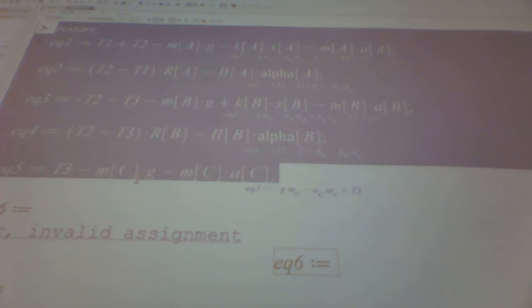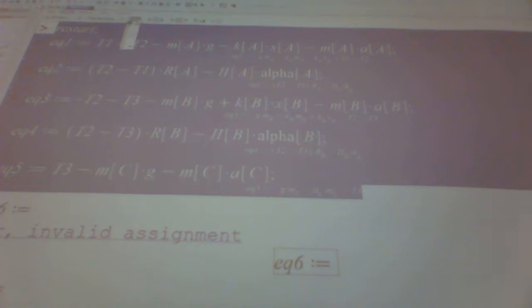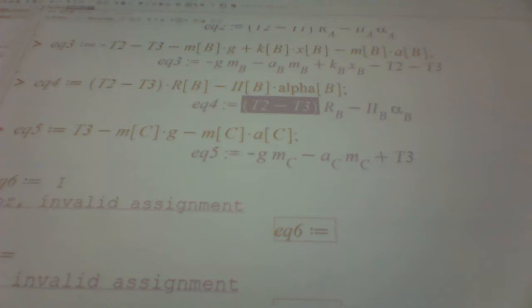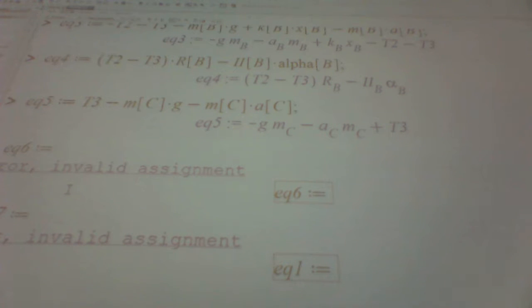I don't know why it's not doing it bigger. Alright, and now we need the kinematics equations. So we had a_C minus a_B minus R_B times alpha_B.